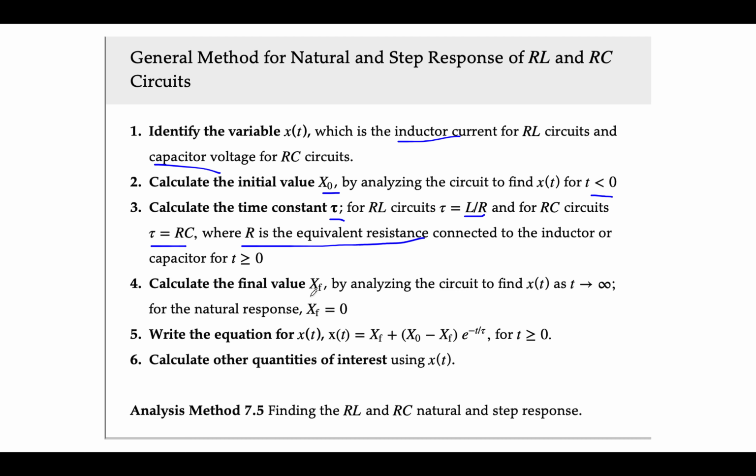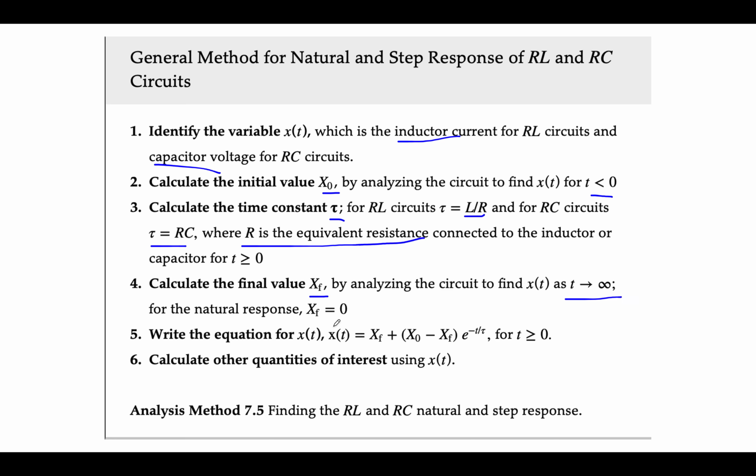You then calculate the final value by letting time run to infinity, replacing capacitors with opens and inductors with shorts. For the natural response, you realize that the final value goes to 0. And then you can write the equation for x of t by plugging in each of the unknown quantities for t greater than or equal to 0.